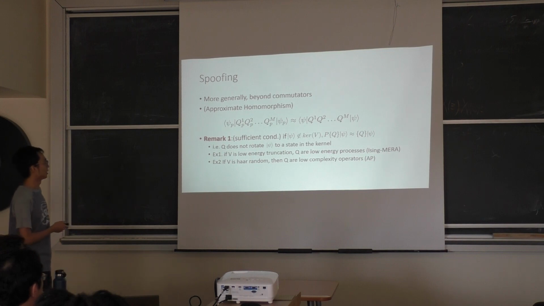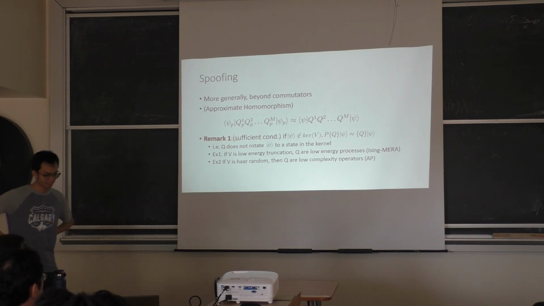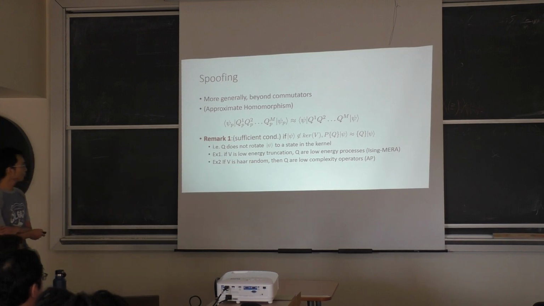And when are you able to do that? This is a sufficient condition: if psi is not in the kernel of this non-symmetric map, and the operator Q does not take you into the kernel, then you can show that this relation holds. So this is a sufficient condition for when the small Hilbert space can actually reproduce what we see in the larger Hilbert space.